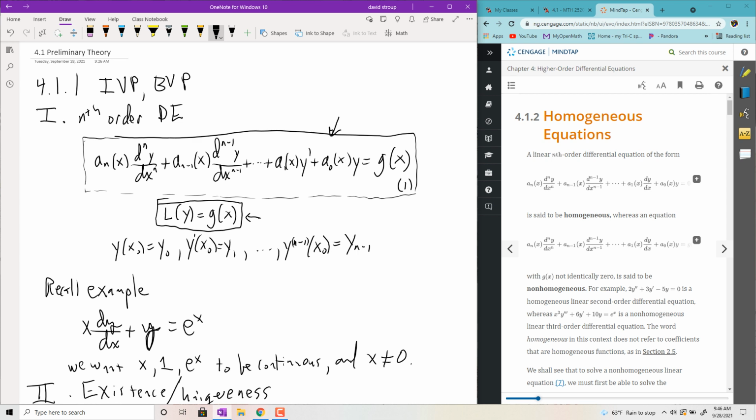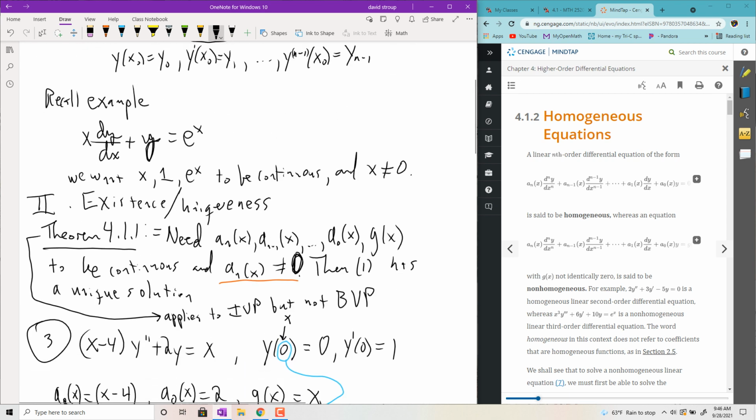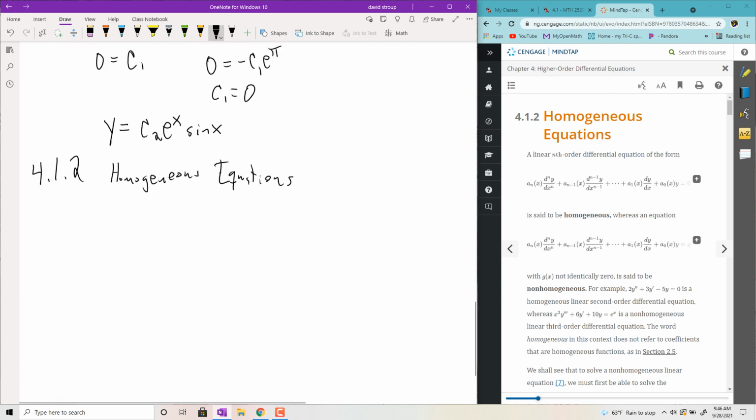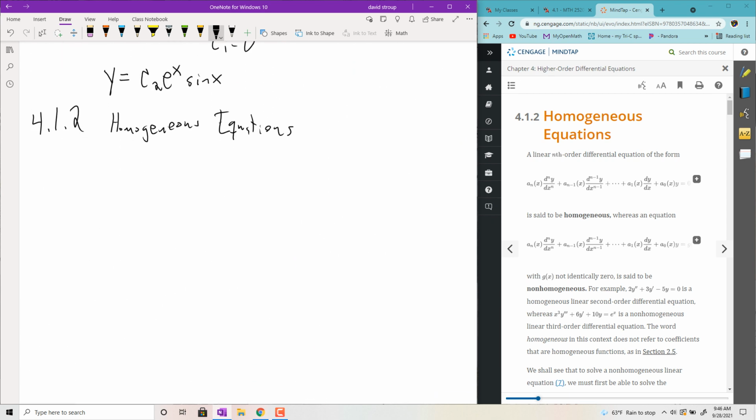So it's a weird thing that you can solve an equation where you have a g of x on the other side. It's called non-homogeneous. You could solve that by solving the homogeneous version. So when this thing is equal to 0, if you solve that, which is easier, then you'll be able to solve the non-homogeneous.